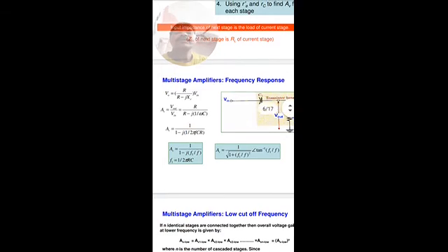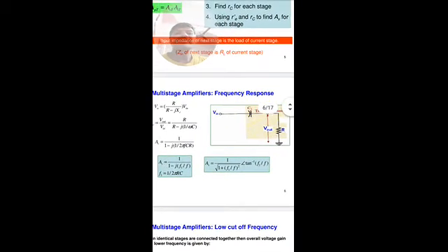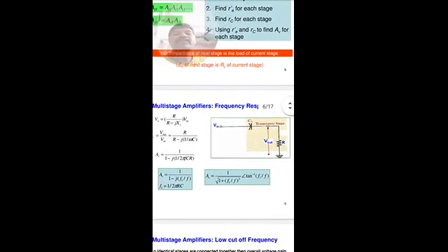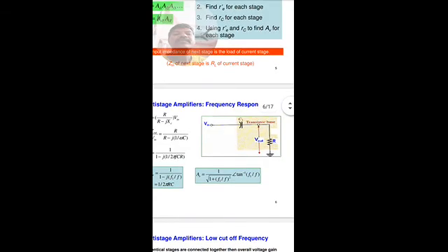The input voltage, the signal to be amplified, is coupled to the base of the transistor using the coupling device C1. We can write the equation for output voltage: V0 is equal to Vin into R divided by R minus jXC.